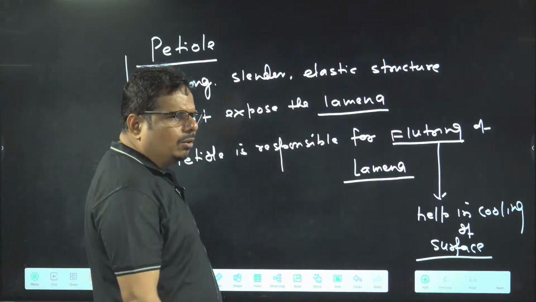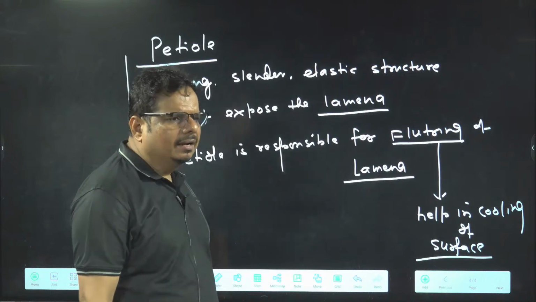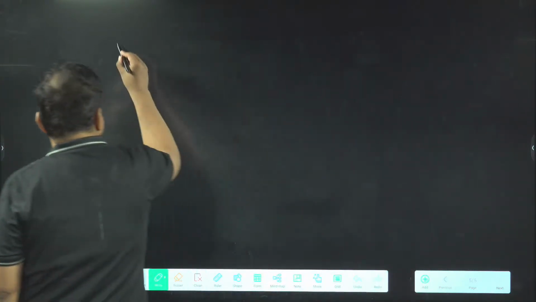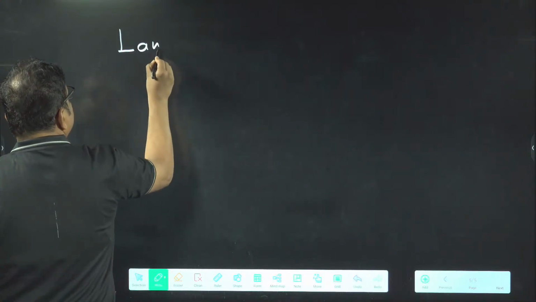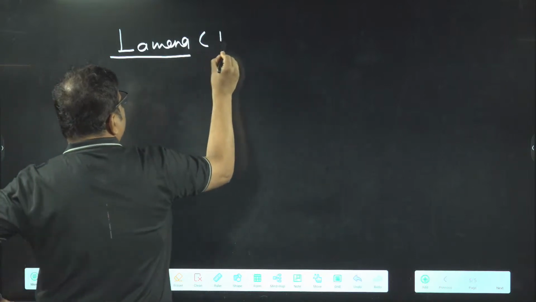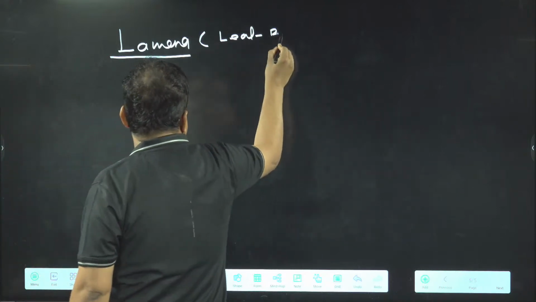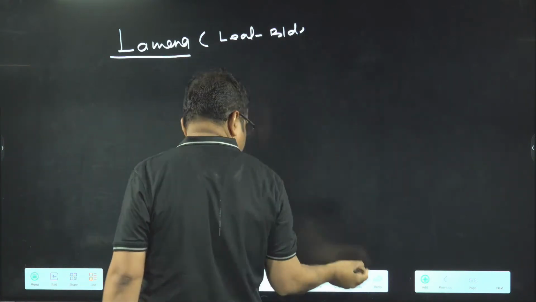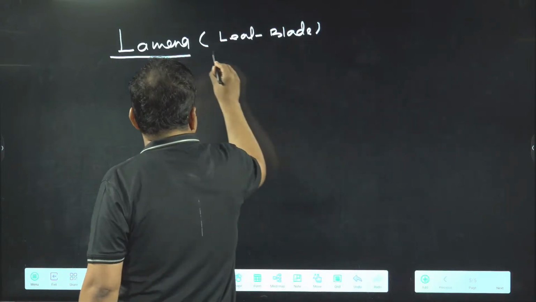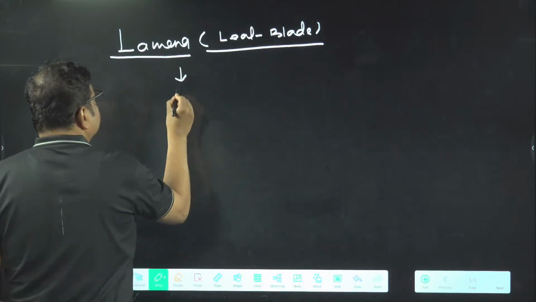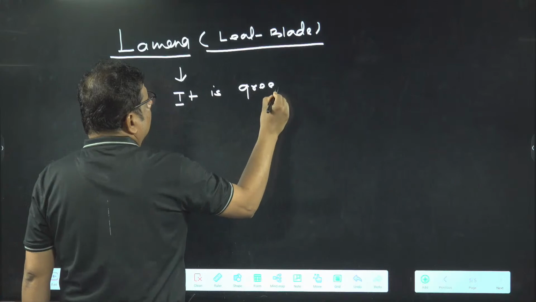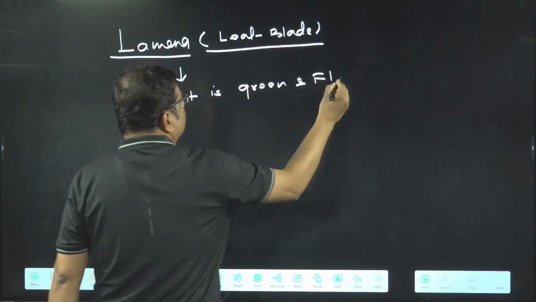Getting the things. Now we are going to deal with lamina or leaf blade. Lamina or leaf blade. It is green and flattened.